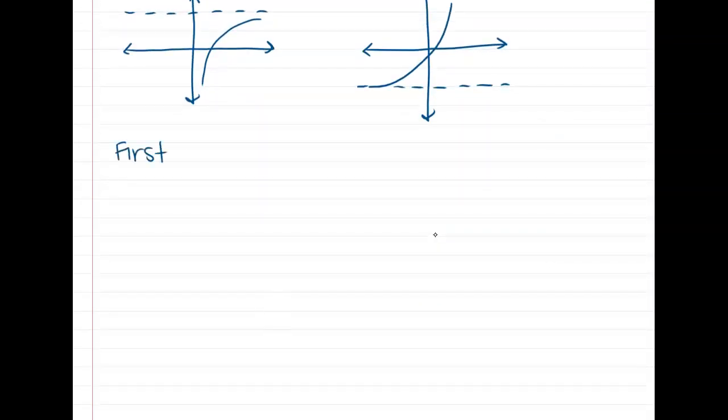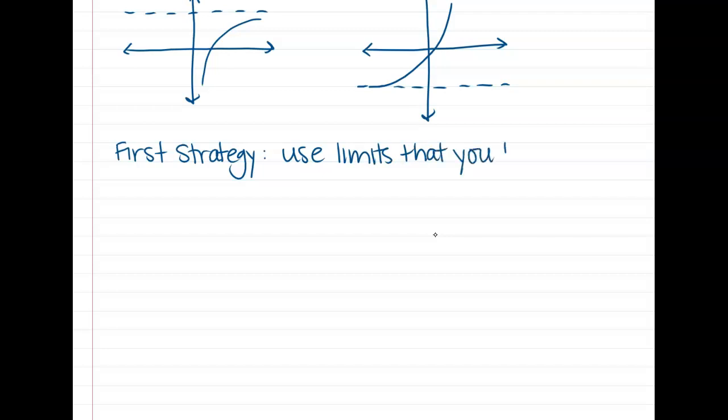Our first strategy for finding horizontal asymptotes is to use limits that you know. So you should know the limit as x approaches infinity of x equals infinity, okay?